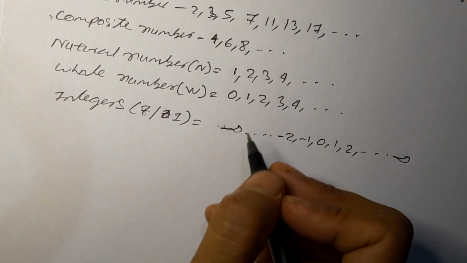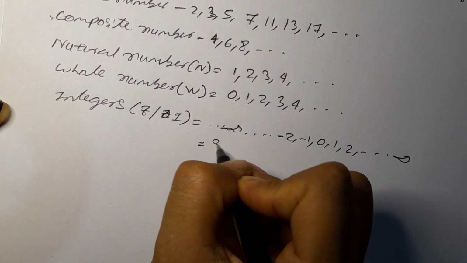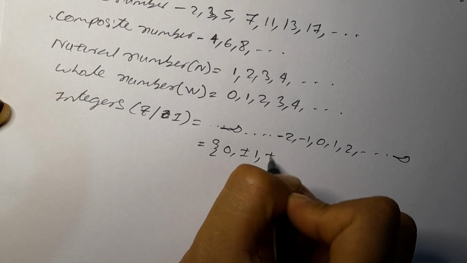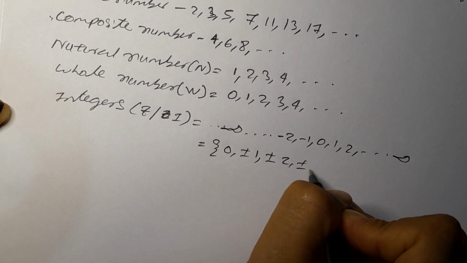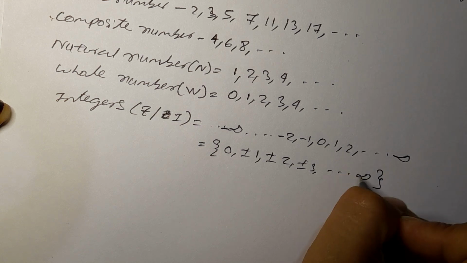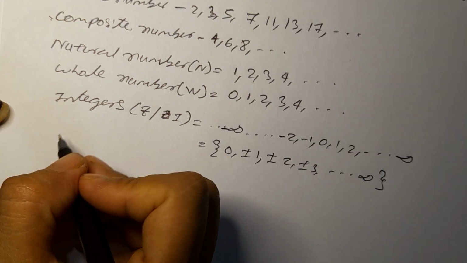We always represent a set inside curly brackets. It can be written as 0, plus or minus 1, plus or minus 2, plus or minus 3, up to infinity. Both are equivalent, the meanings are the same. After integers we call the rational numbers. What are the rational numbers?